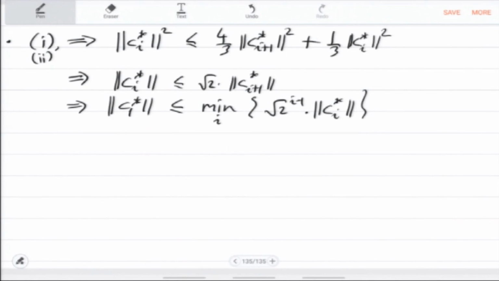Okay, so C1 star is smaller than square root of 2 raised to m minus 1 times Ci star for all i.